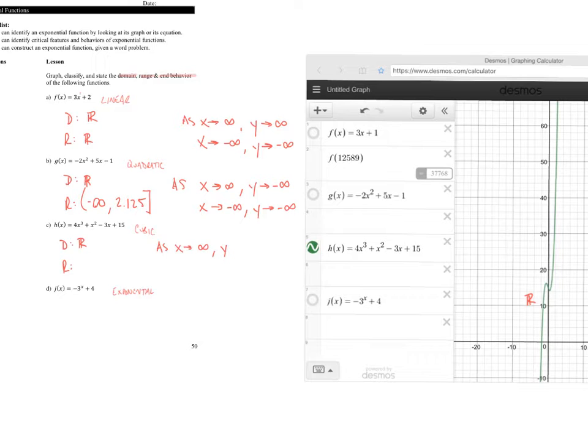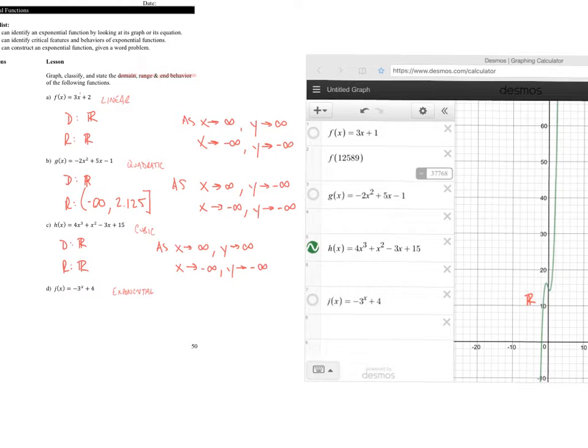So as x approaches infinity, so does y. And as x approaches negative infinity, y is approaching negative infinity. It's going downward, right? As we go this way forever, the function is going to go downwards forever. It's just like our linear function. So our range is all real numbers, our domain is all real numbers, and we've got our end behavior.